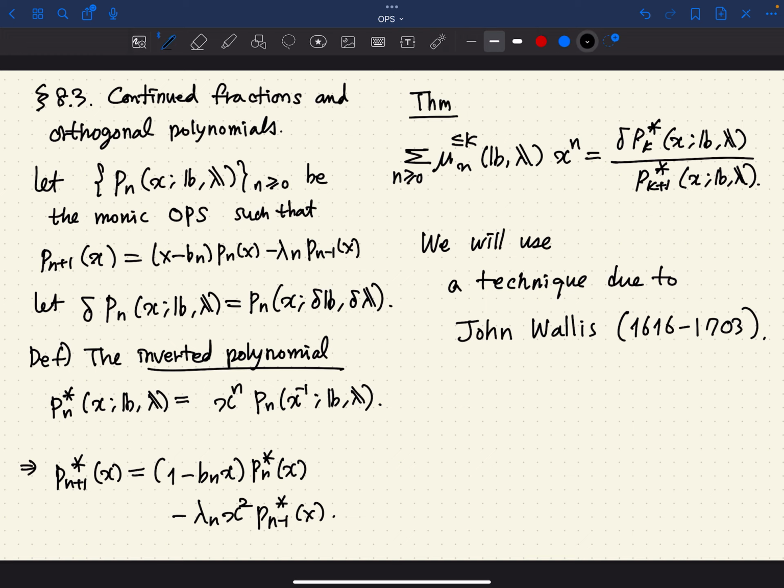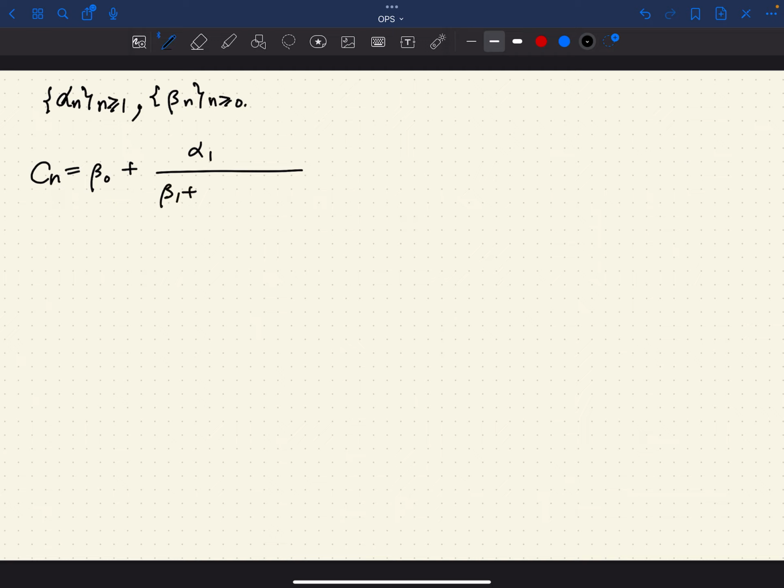To do that, let me define some notation. So we have fixed sequences. The alpha sequence goes from 1, the beta sequence goes from 0. We have two fixed sequences, and C_n is the nth convergent of the continued fraction that we saw before.